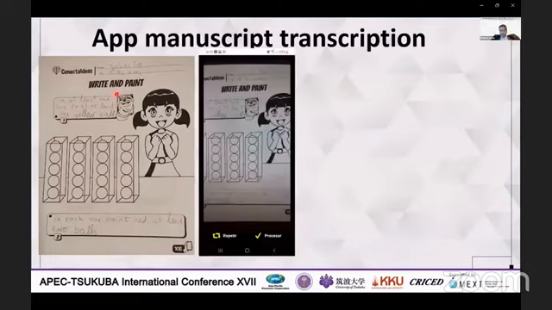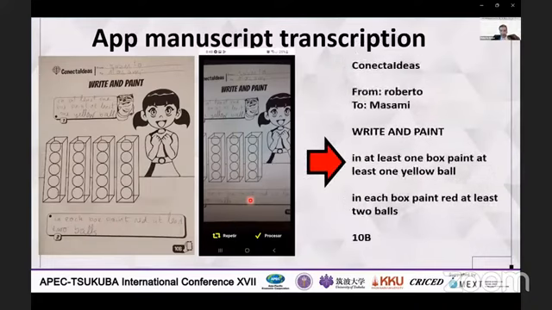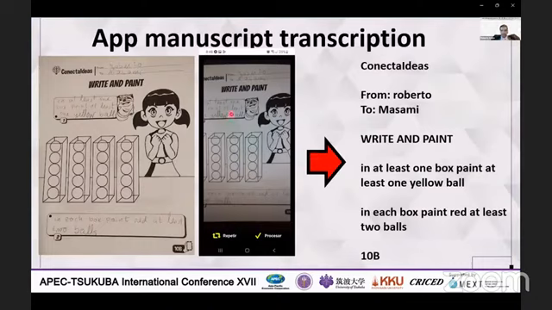Then I get my smartphone, click here, and it will translate what has been written here: from Masami, write and paint, and then in at least one box, in at least one yellow ball, in each box, paint red at least 2 balls, and system B will produce this. So now we have everything in the server.